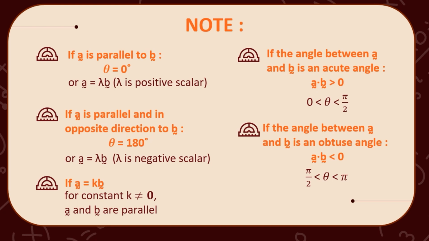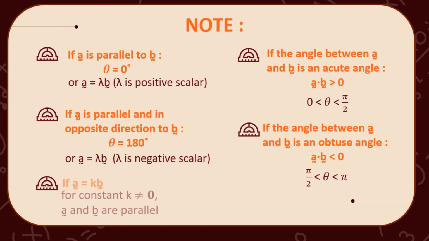The third one, if the angle between vector A and vector B is an acute angle, then vector A dot vector B must be greater than 0. And the last one, if the angle between vector A and vector B is an obtuse angle, then vector A dot vector B must be less than 0. So we need to be careful and pay attention.